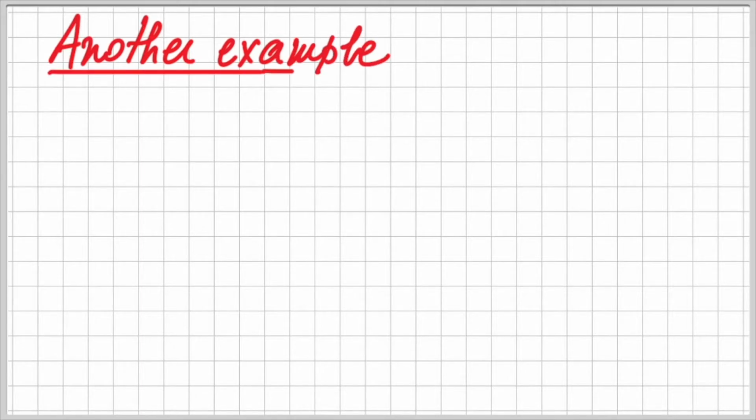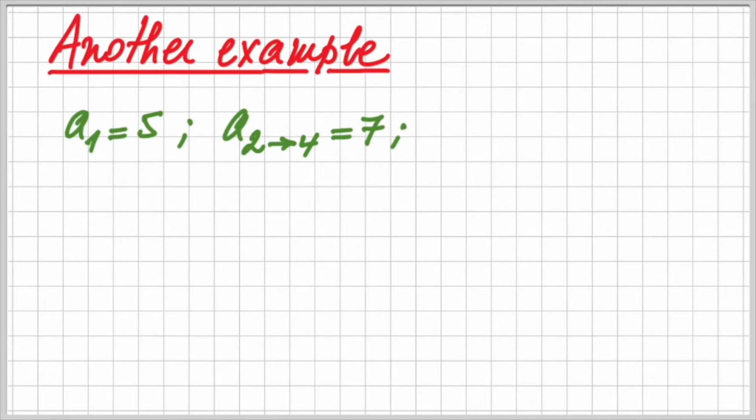Another example. Here a1 is equal to 5, a2 till a4 is 7, and a5 till a10 is equal to 12. Basically, we have 10 numbers here.